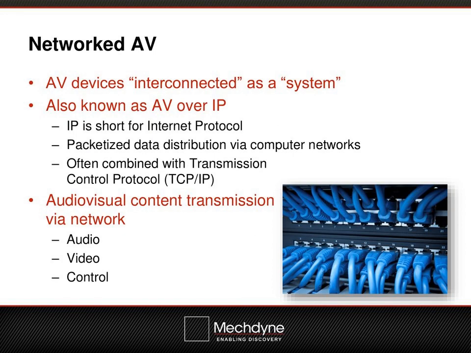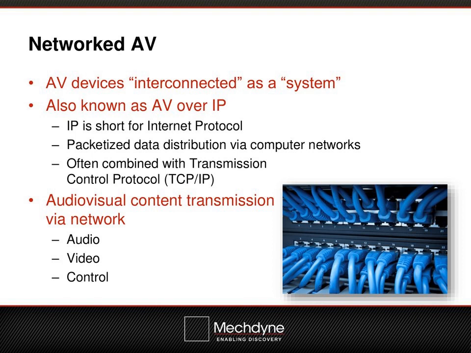So let's talk about networked AV. Networked AV is essentially AV devices interconnected as a system, as we described in the last slide. Also known as AV over IP. The IP is short for Internet Protocol, and that's one of the standard protocols used within the computer networking world to transfer information over the computer network cables.